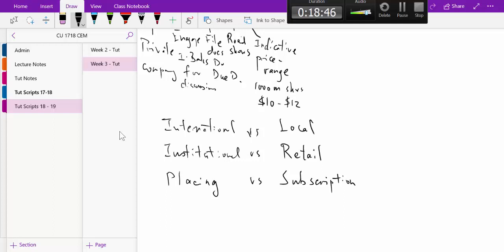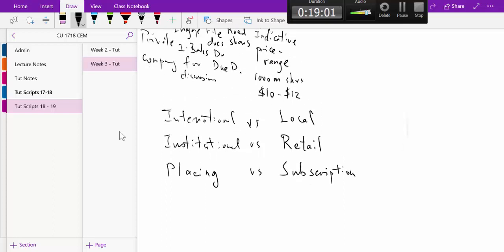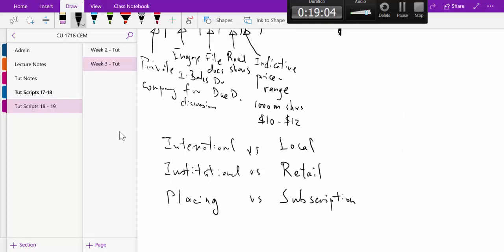It can be a big fund manager in town. Okay? Is that local? International? It's institutional. That much I know, okay? It's also the placing tranche. Now, so when I talk about taking orders, I am talking about the placing tranche on the left-hand side.